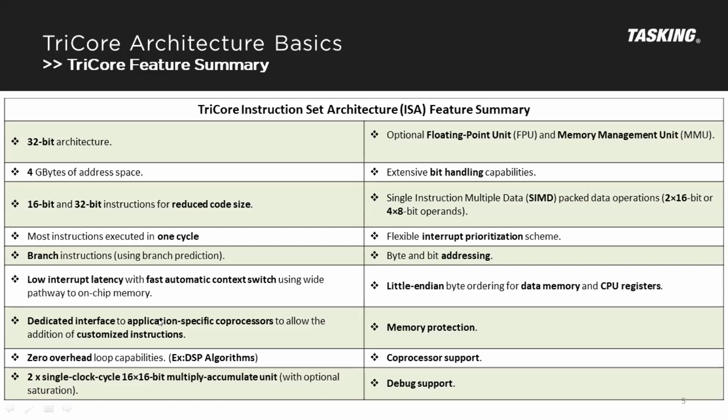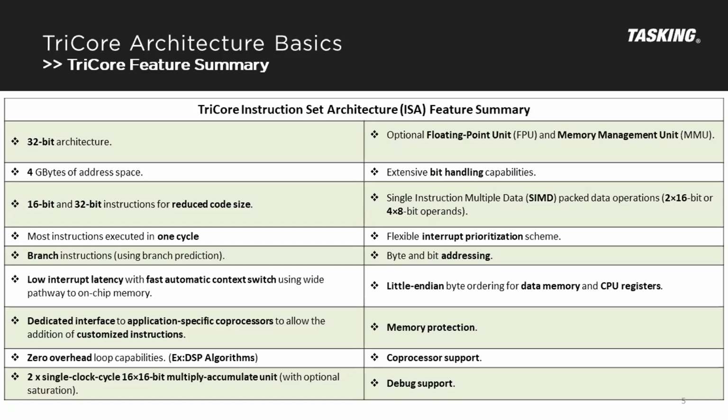You will find, for example, the GTM or generic timer module, the hardware security module, and the rest of the coprocessors. The architecture also offers something called zero overhead loop, which means the endpoints of the looping are defined by the hardware. So there is no need for additional software to find out that we already reached the end of the loop and need to start again.